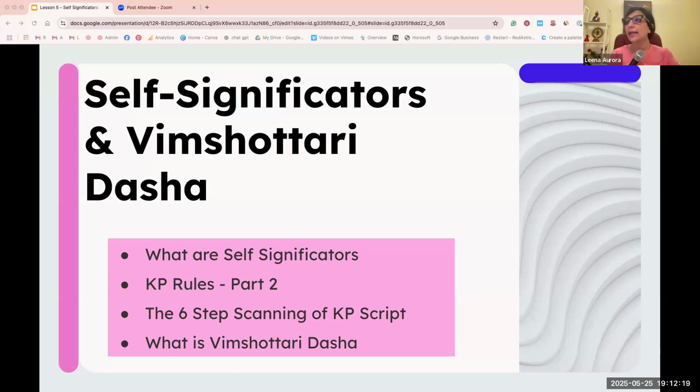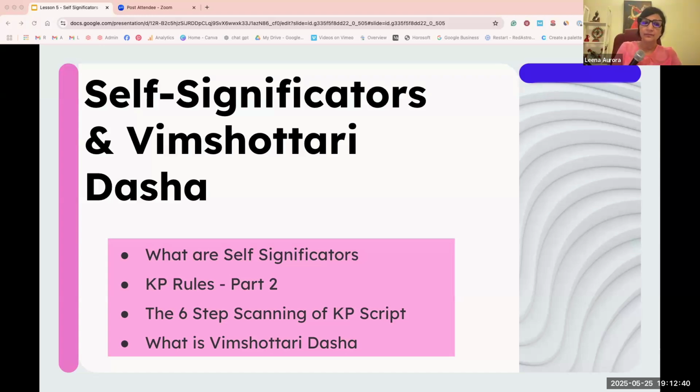If a planet is not present as a star lord, then also it is untenanted. So there are certain rules. I've just started, so let me start again. What are self-significators? Untenanted. That means that planet which you will not see present as a star lord.